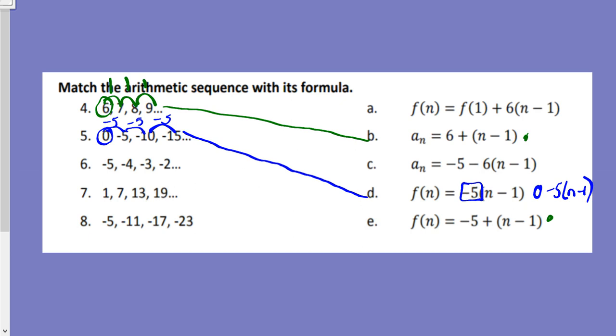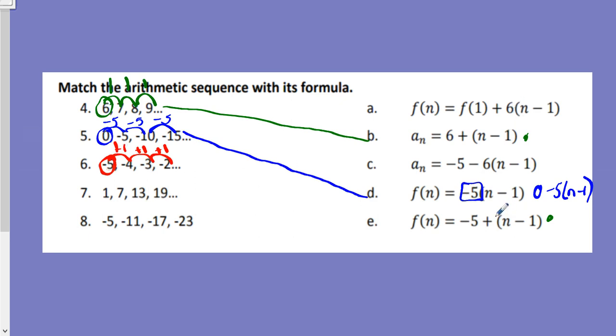Number 6, I can see that my common difference is plus 1, and my initial value, or my first term, is negative 5. So 1 is my common difference, or it's like my slope, my rate of change.